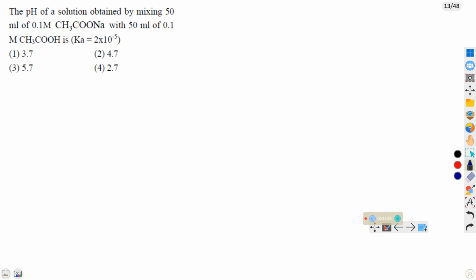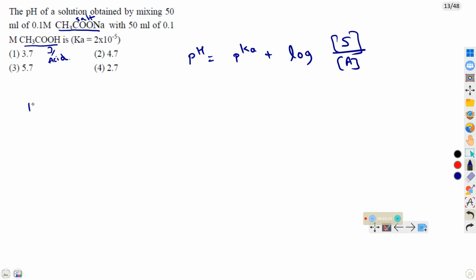The pH of a solution obtained by mixing 50 ml of 0.1 molar CH3COONa, which is a salt, with 50 ml of 0.1 molar CH3COOH acid. Calculate the pH. pH is equal to pKa plus log of salt concentration by acid concentration. Ka value is given as 2 into 10 power minus 5. pKa is equal to negative logarithm of Ka.